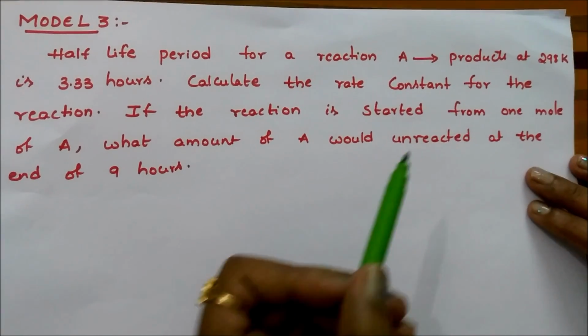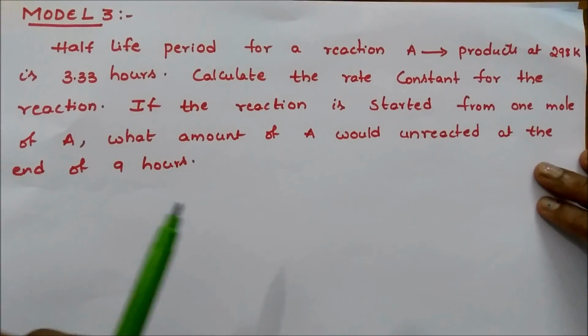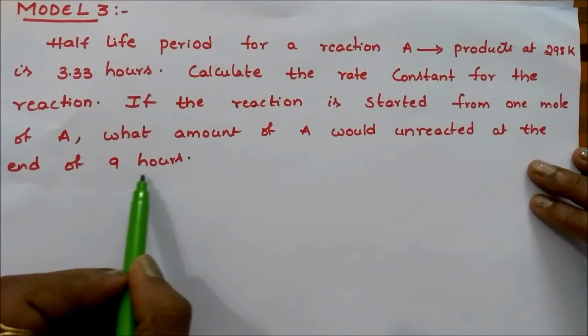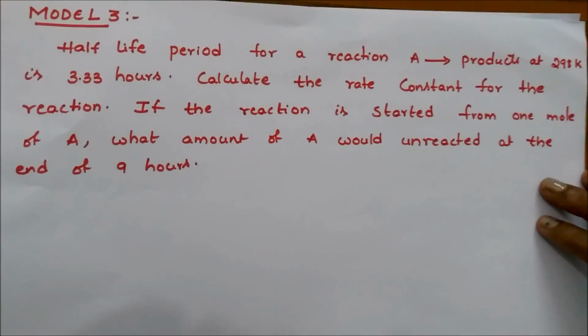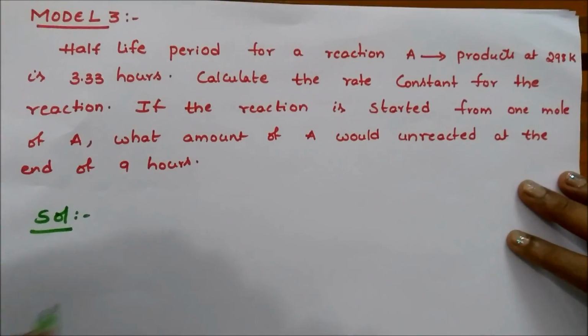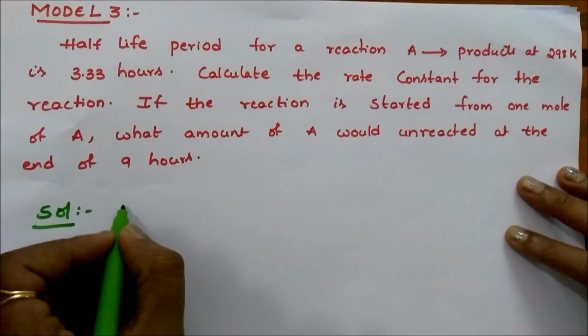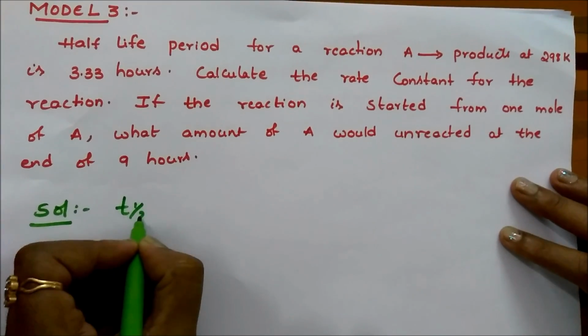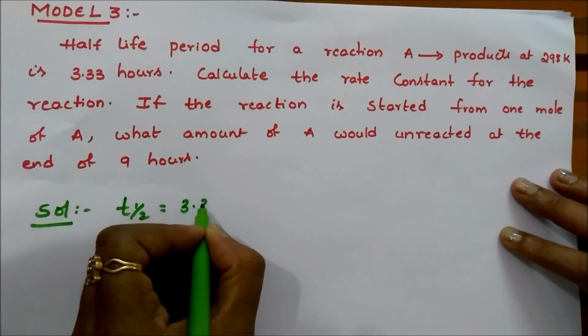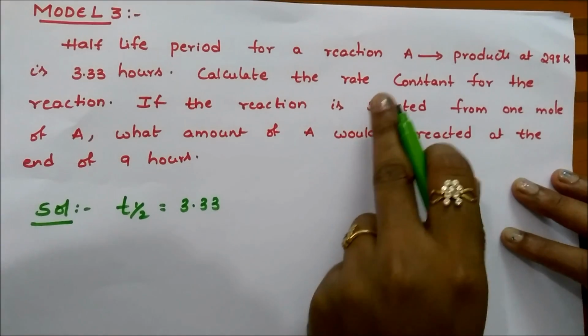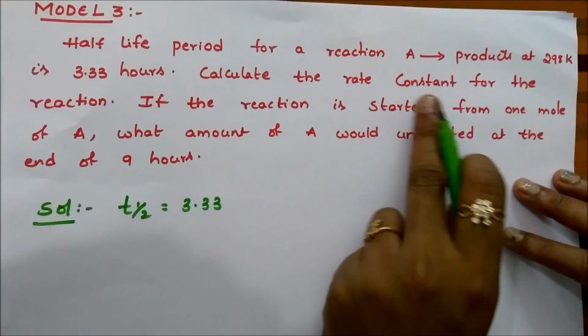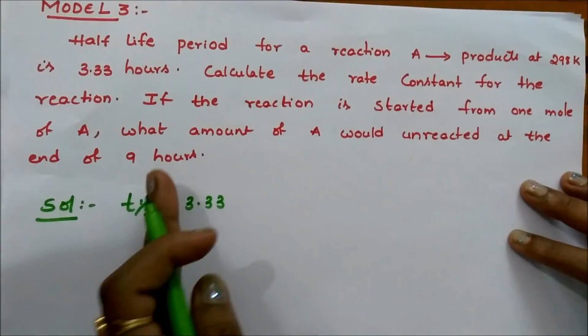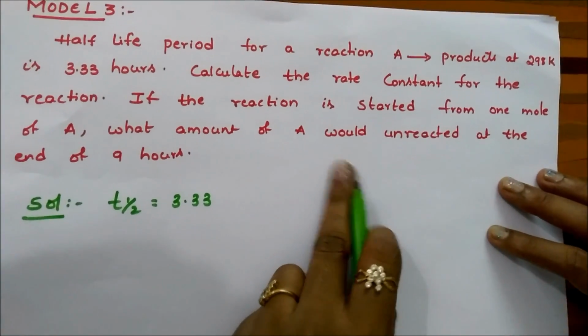Calculate the amount of the substance that is left unreacted after 9 hours. In the given question, T half is equal to 3.33 hours. They are asking to find the rate constant, then the amount of substance left unreacted.